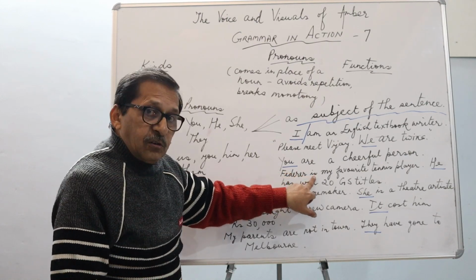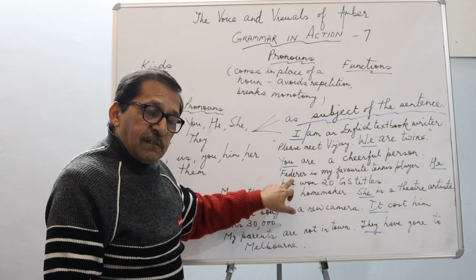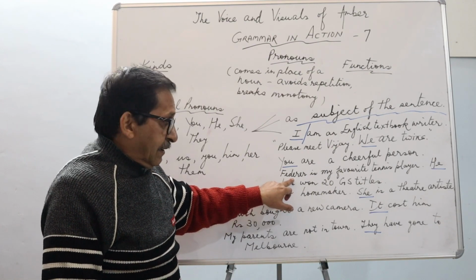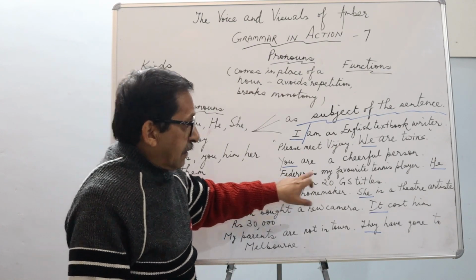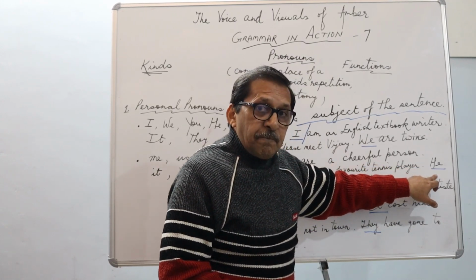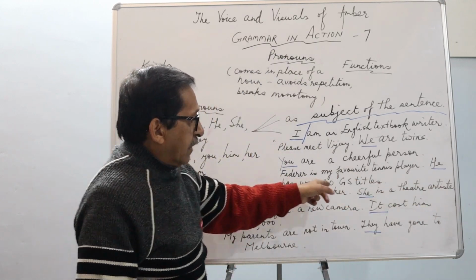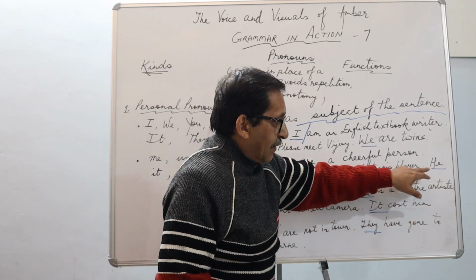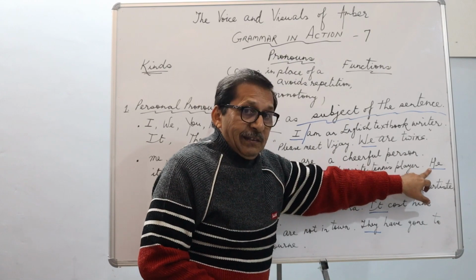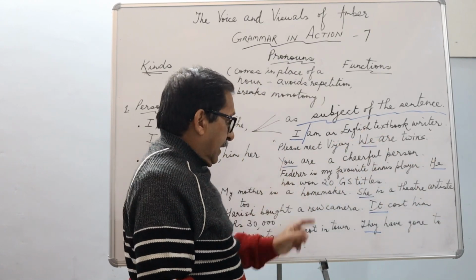Is is the to be verb. Who is my favorite tennis player? Federer. So Federer is the subject of the sentence. It's a noun subject, and now I replace the noun subject with the pronoun subject he. So who has won 20 Grand Slam titles? He has won 20 Grand Slam titles, and he replaces Federer.